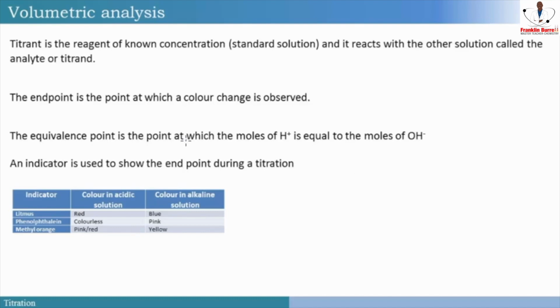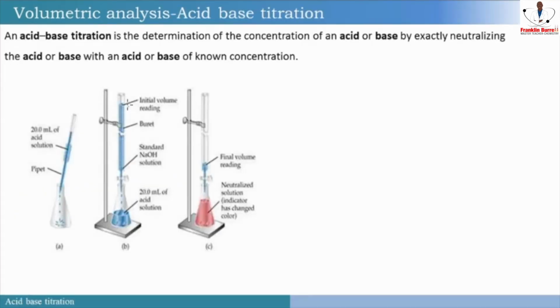Let's look at a titration diagram to explain this point. Now, if we're doing an acid-base titration, we are going to determine the concentration of an acid or a base by neutralizing the acid or base with another acid or base of known concentration.